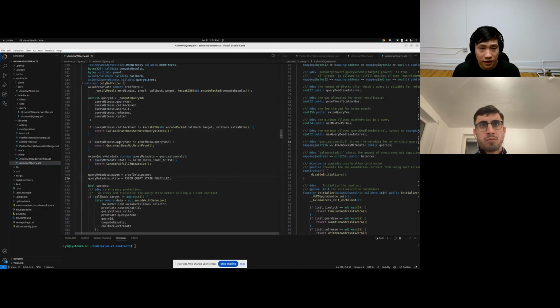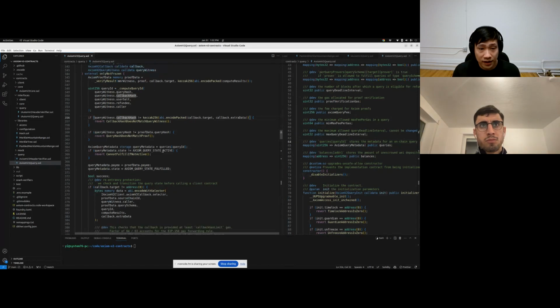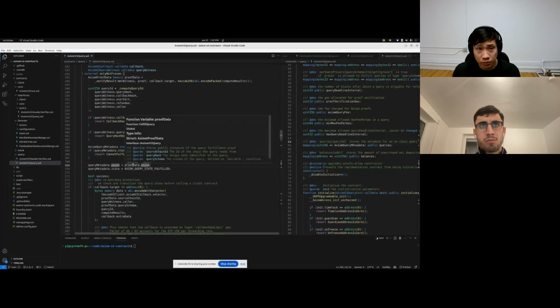So we check that the query hash matches, the callback is actually what we expect, and that the query is in the correct state. If all of these pass, then we can set the payee to be the payee set in the proof. That is the prover who should get paid for fulfilling. And we set the query to be fulfilled.